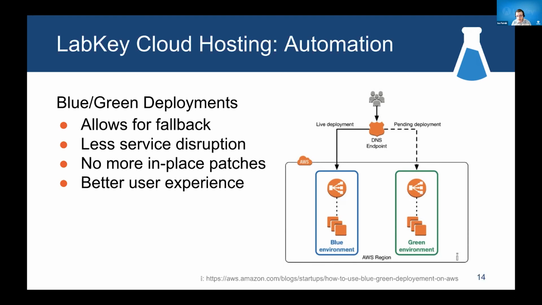It also causes less service disruption, because the only disruption you actually have is when you're transitioning traffic from the old instance to the new instance, rather than having to turn everything off, stand up a new copy, and then route traffic to that copy. Another advantage of a blue-green deployment model is no more in-place patches.